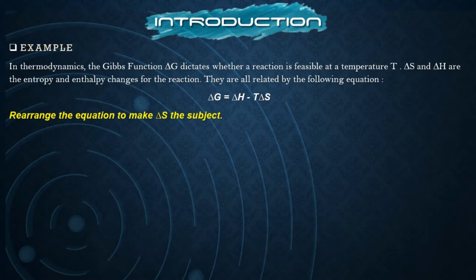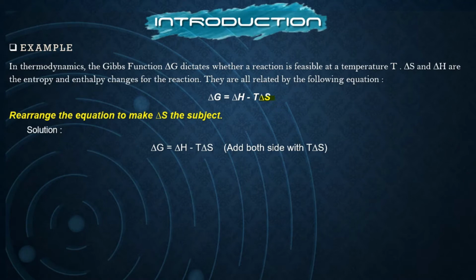So what does it mean? It means that we need to make delta S the subject of this equation. There are a few steps or operations that we need to do in order to make delta S the subject. First, we need to move negative T delta S to the left hand side.